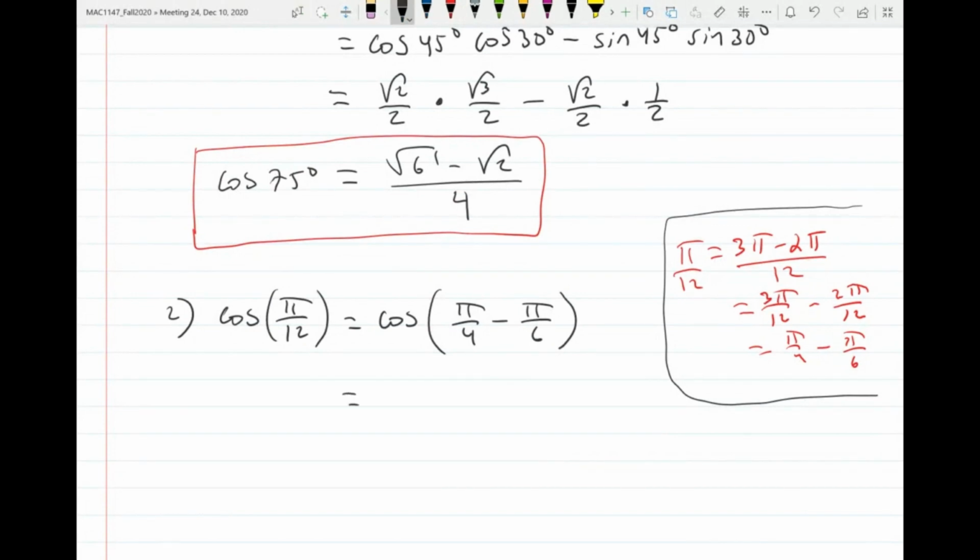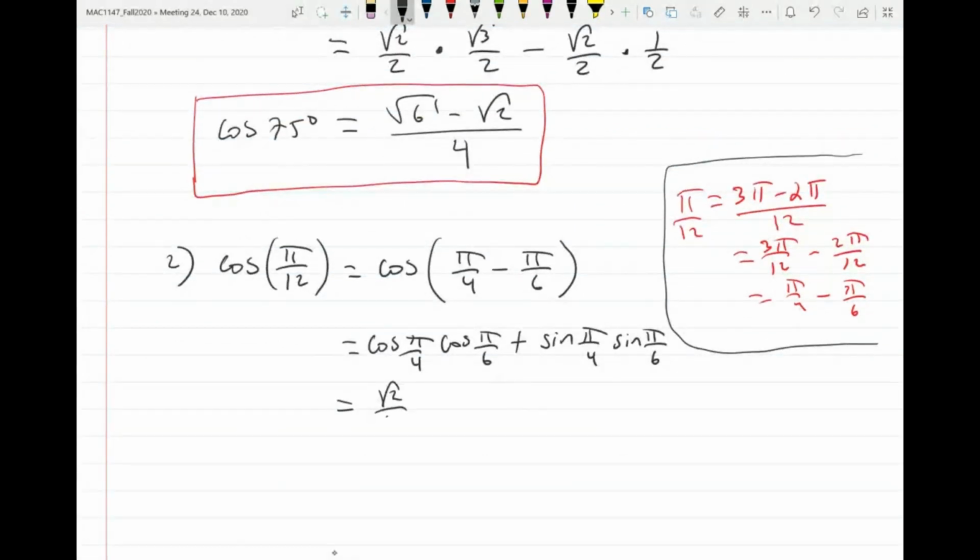Okay, anyways, once we realize that pi over 12 can be written as this difference, then we use the formula. So this is cos cos, and then plus sin sin. All right? And so cosine of pi over 4, that's square root of 2 over 2. Cosine of pi over 6, that's square root of 3 over 2. And then sine of pi over 4, that's square root of 2 over 2.